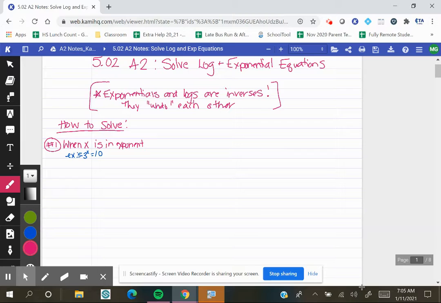So first thing you want to do when this happens is you want to isolate. So you want to isolate the base with its exponent. So find your exponent, which is x, so we know it's a variable, and the base of that is what's directly attached to it. So just the 3. So 3 to the x is that base.